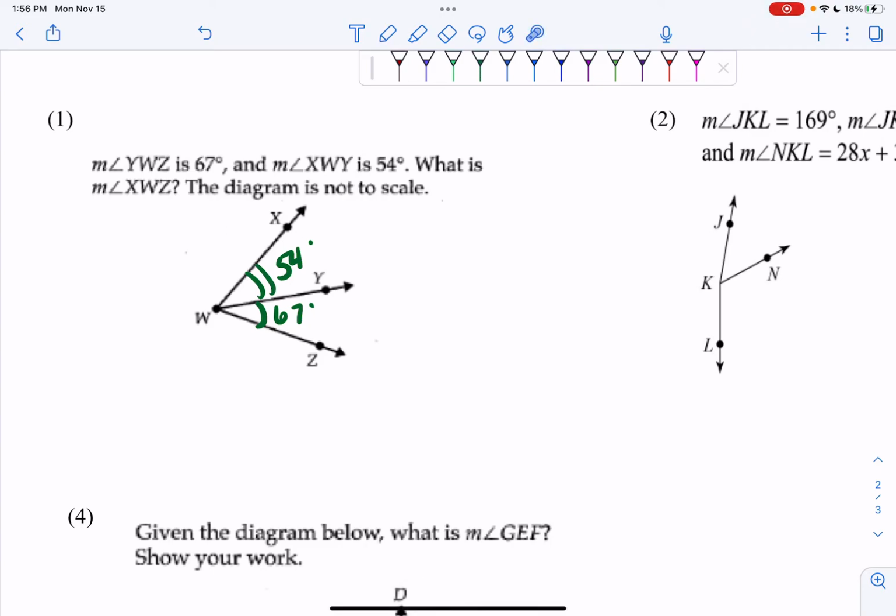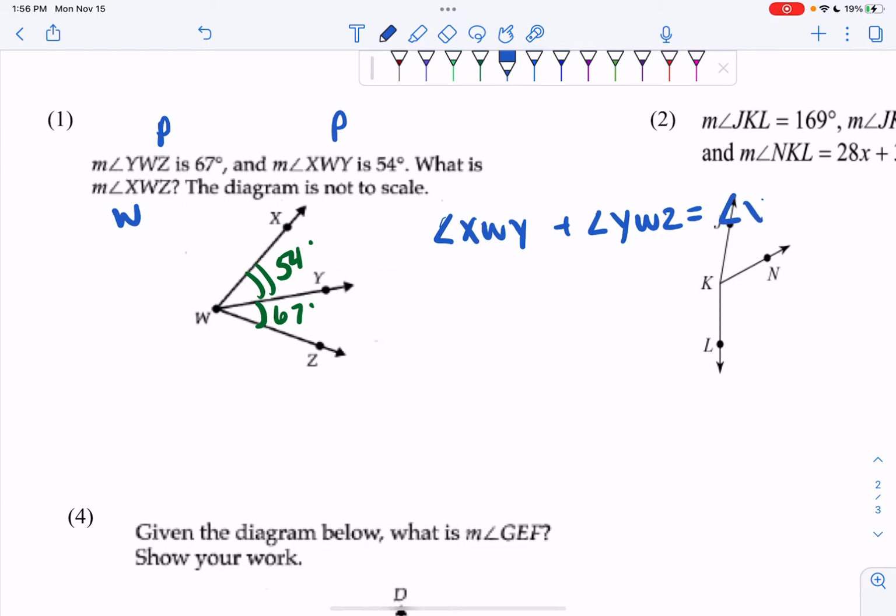I want to find the measure of angle XWZ, which is made up of two angles, my 54 and my 67. So for this example, I'm doing a part and a part is equal to my whole. So I can say that the measure of angle XWY plus the angle YWZ is equal to angle XWZ.